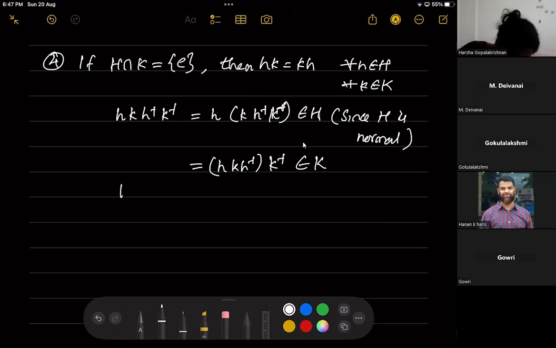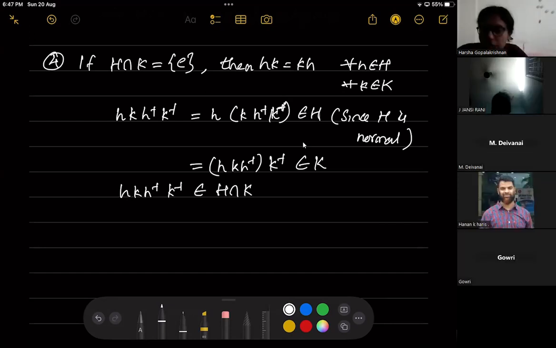That means h k h inverse k inverse belongs to H intersection K, since it belongs to both H and K. So what is H intersection K? It is given, right? This is identity.